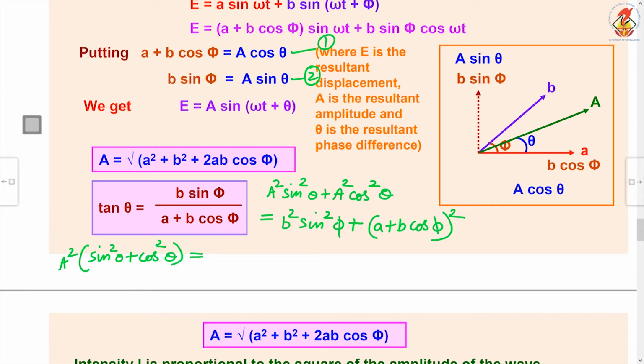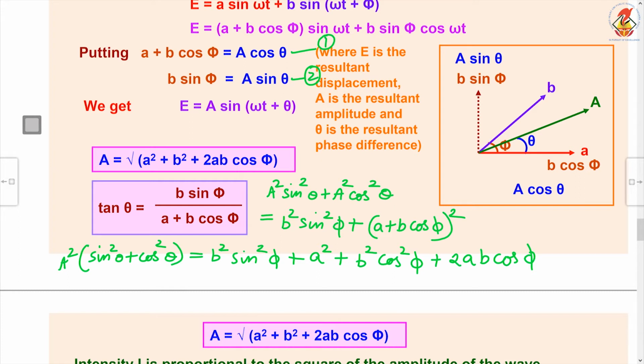Now the RHS: B square sin square phi plus, this being of the form A plus B whole square, A square plus B square cos square phi plus 2AB cos phi.